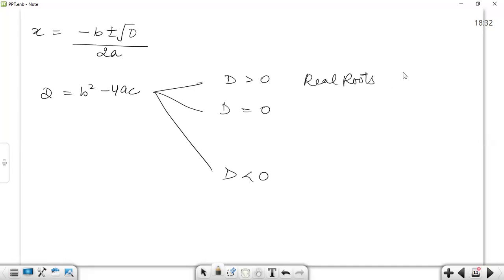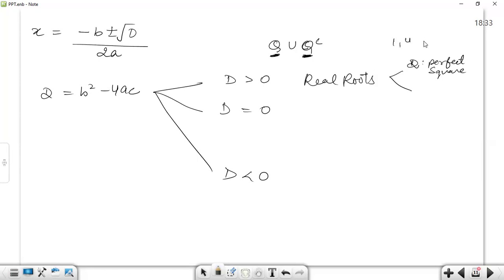Real numbers are also of two types: the union of rational numbers and irrational numbers. So if the discriminant is a perfect square, what are perfect squares? Anyone aware? Sir, like 4 square, which gives 16, like that?